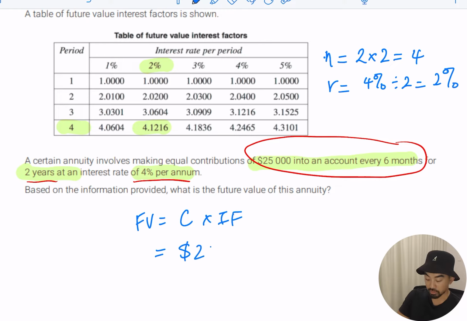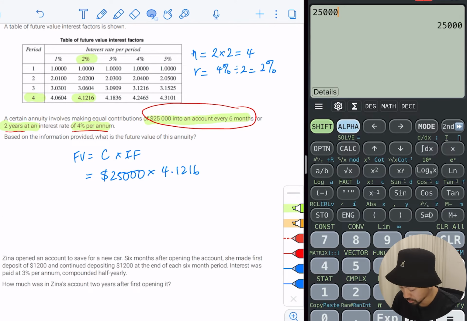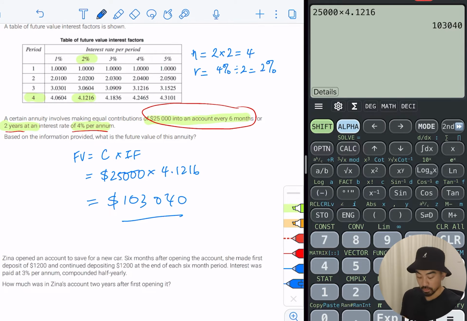So that's 25,000 times 4.1216. Pull the calculator up. 25,000 times 4.1216, so my answer here is 103,040. That's my future value. Okay, so question 1 done.